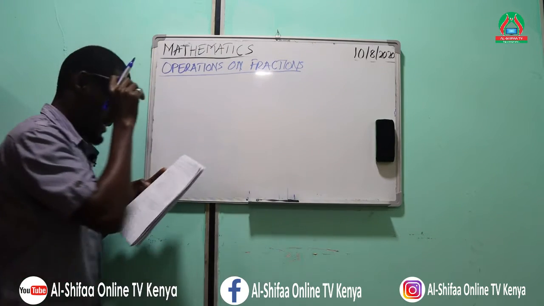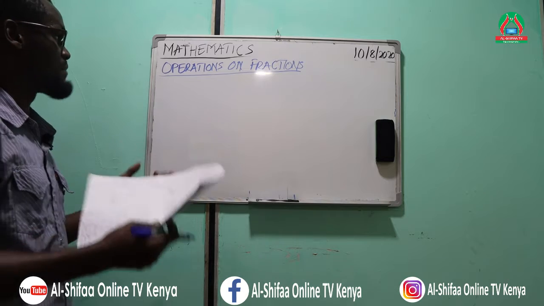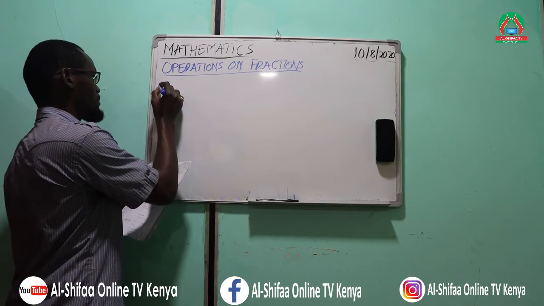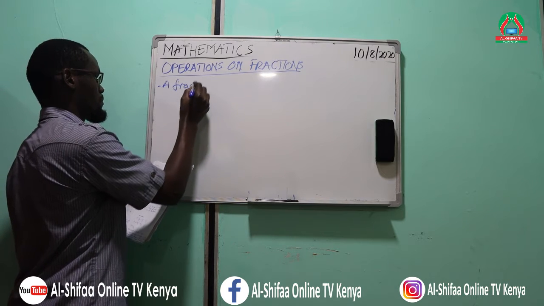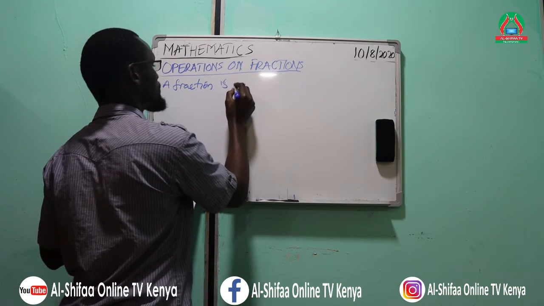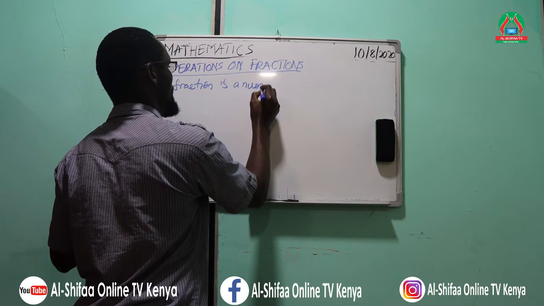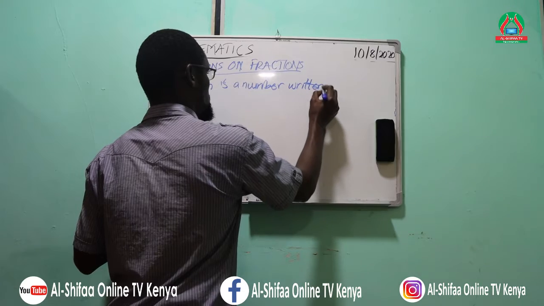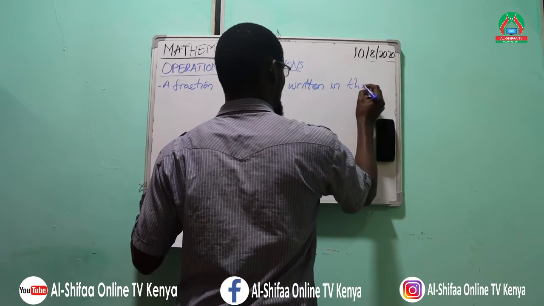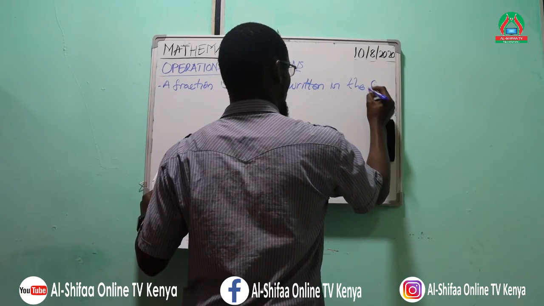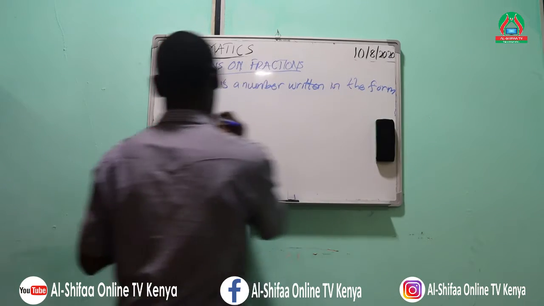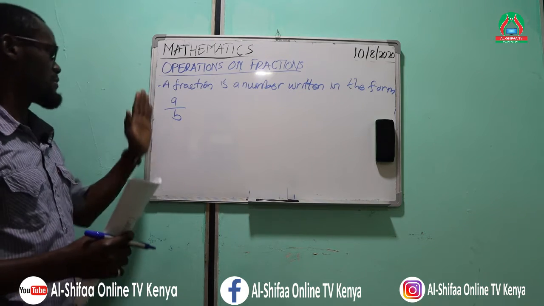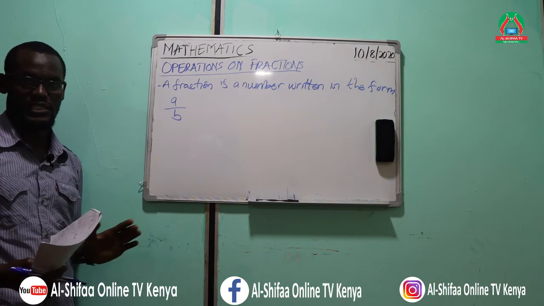First of all, a fraction is a number. Any number written in the form of A over B is called a fraction.